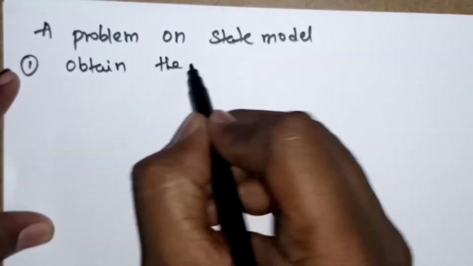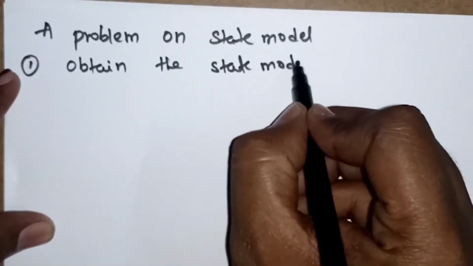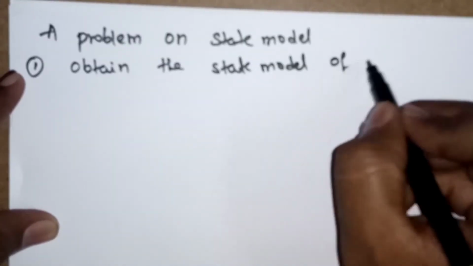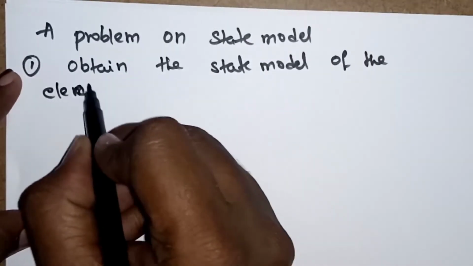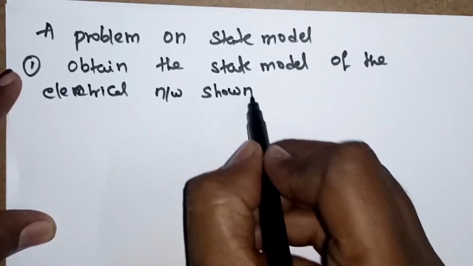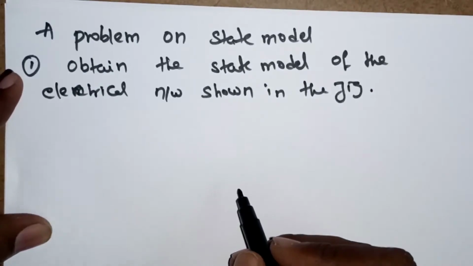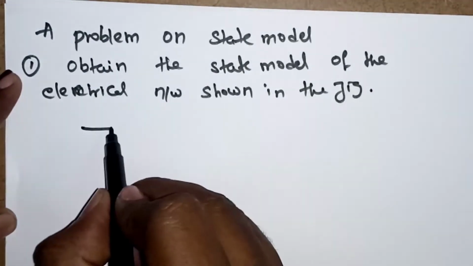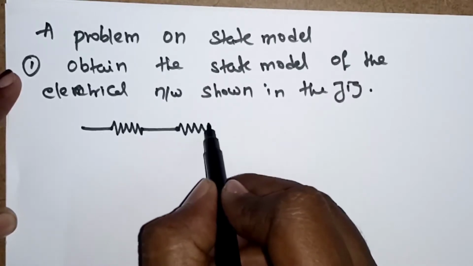Obtain the state model of the electrical network shown in the figure. So the network is like this.